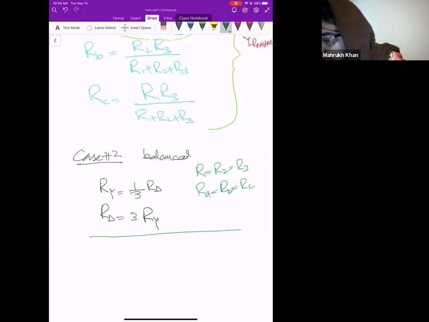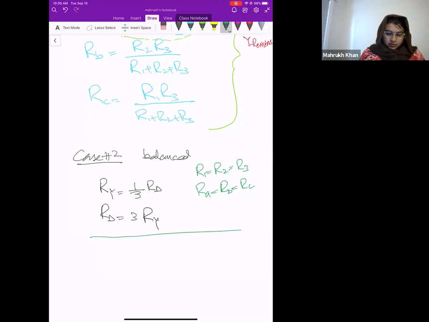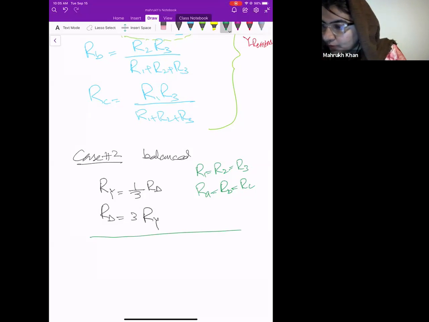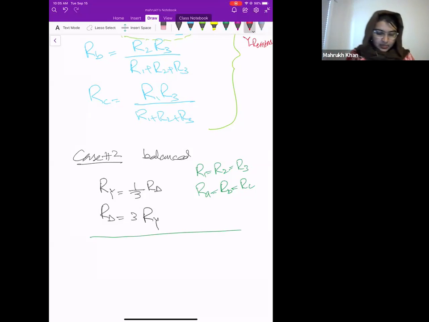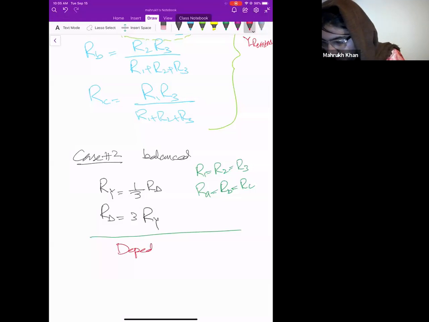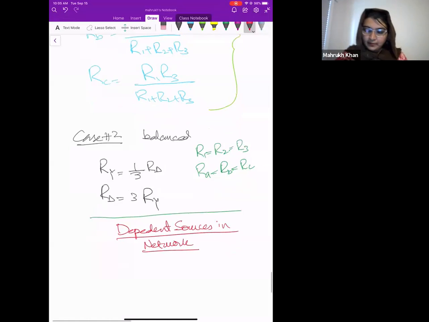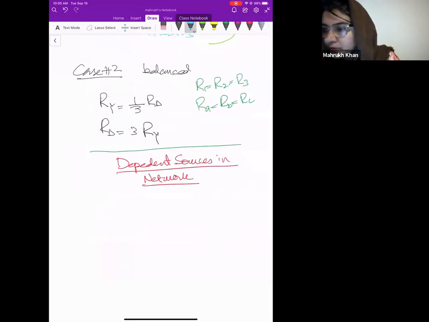We talked about dependent sources in networks, but I think we did not write down the steps to solve them. So I will just do it to make it clear how we will solve dependent sources. There are some basic steps to solve them, and I will write them down.